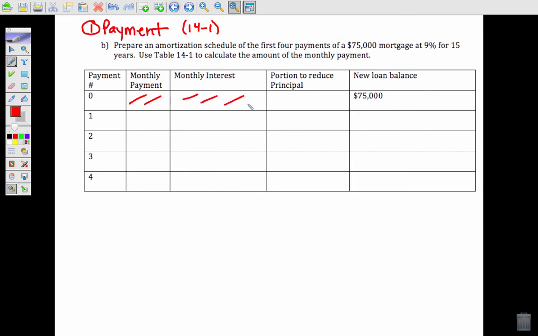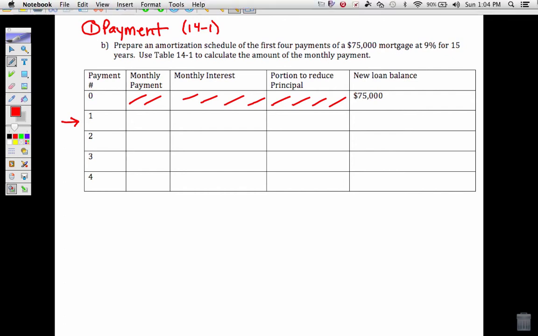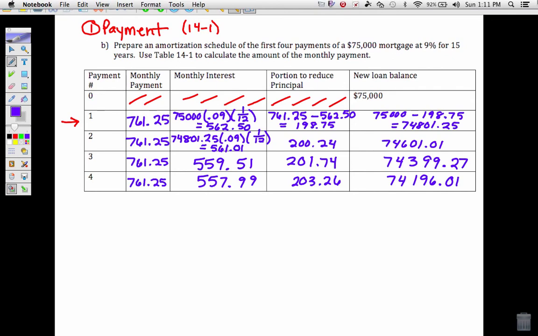Then of course you can ignore this first line here. We just have a balance of $750,000, so you'll actually start with payment number 1. Go ahead and pause the video and do your amortization schedule for the first 4 payments. I will reveal the solution, which probably will take out most of the work it takes to get to the actual amount though.